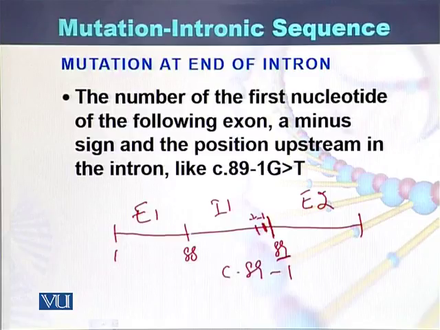At position minus 1, there is a G, and G is replaced by T. So we will write c.89-1, G to T. So this is the pattern or style of how we write a mutation present at the end of the intron.